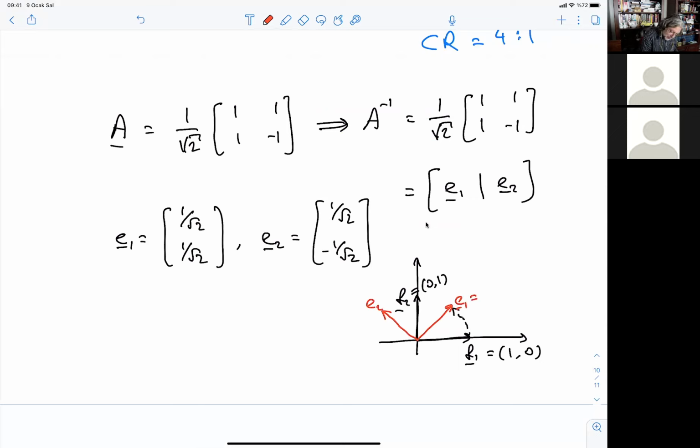E1 will be equal to 1 over square root of 2, 1 over square root of 2, and E2 will be equal to 1 over square root of 2, minus 1 over square root of 2. So making a 45 degrees rotation, again, rotation of basis vectors will give me another set of basis vectors.